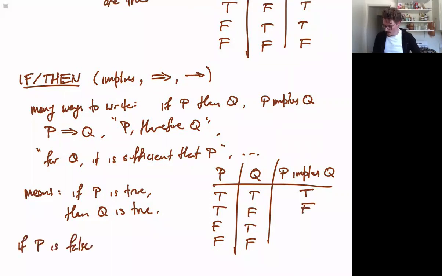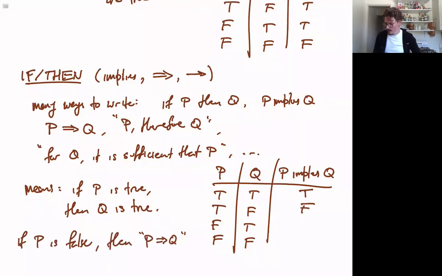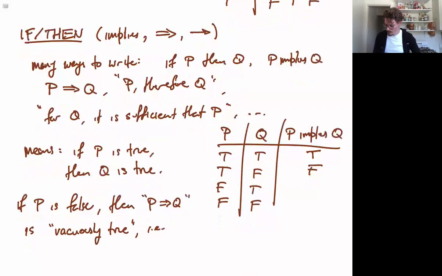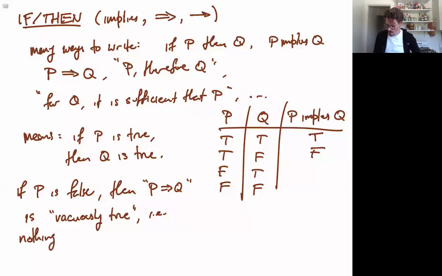And there's actually a name for this. So if P is false, then this proposition is vacuously true. What that essentially means is that there's nothing to check. So the default is true. Right, so if P is false, let's say we're in this situation, and we try to evaluate the statement.